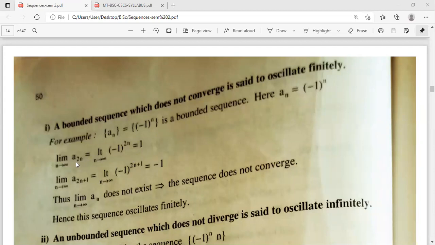Now to see the limit of a n as n tends to infinity, equal to minus 1 to the power n. Now limit as n tends to infinity, replace n by 2n, you get minus 1 to the power 2n, that is equal to 1.